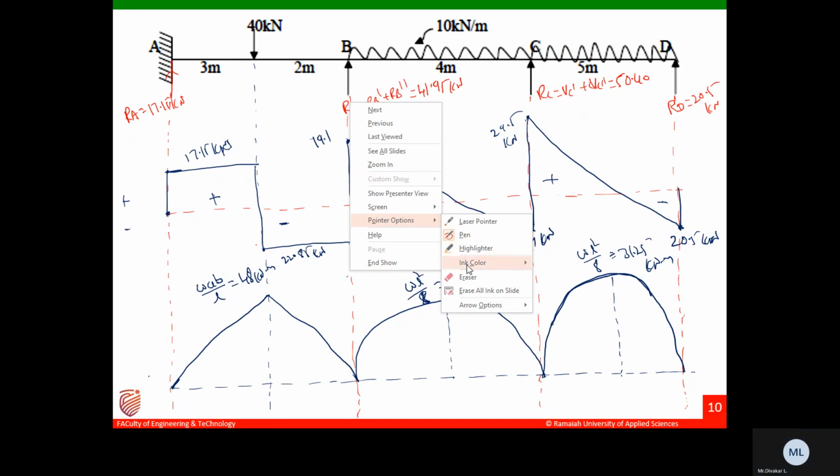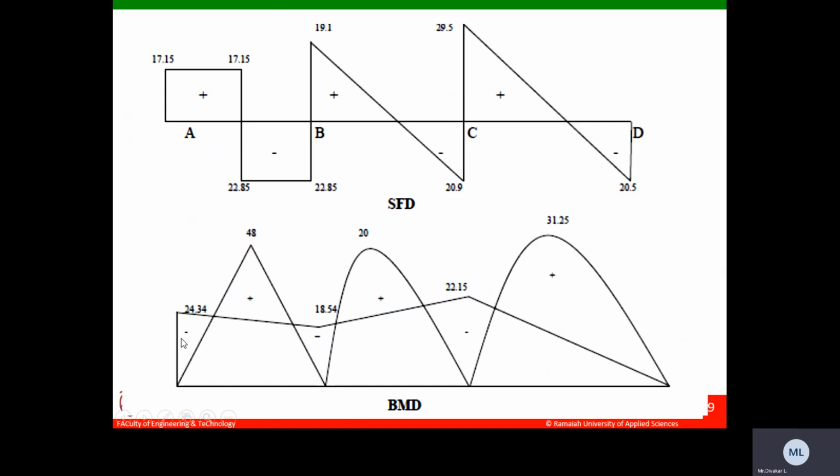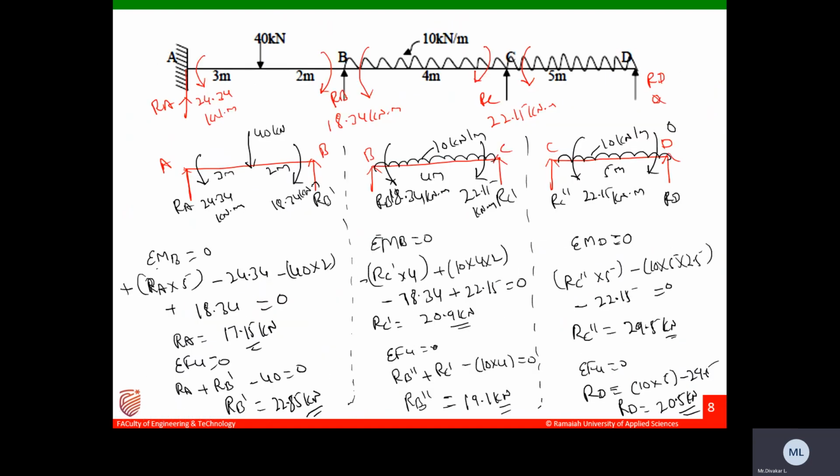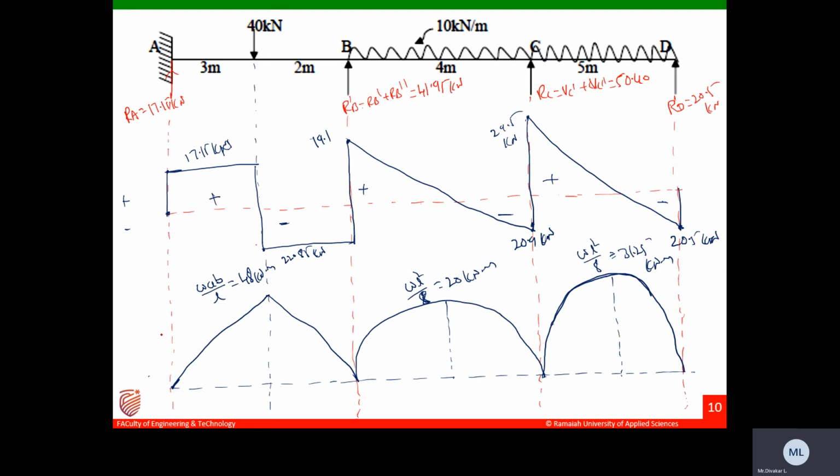Now let us draw due to the support moments. You already calculated what the support moments are, 24.34. So please show 24.34 here. Let us say this is the datum, 24.34.